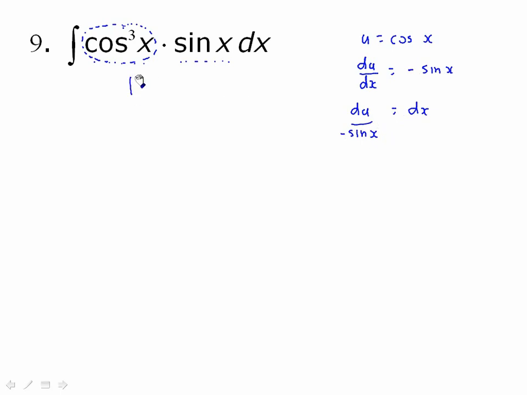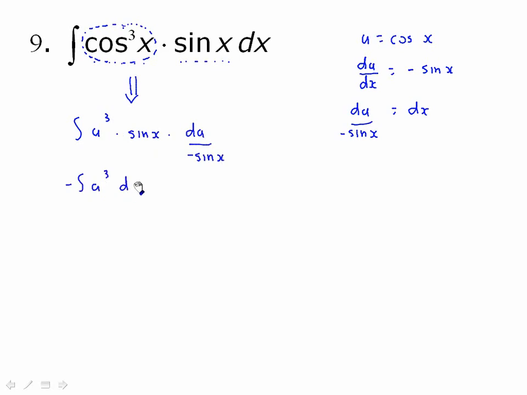So this integral will now be expressed as u to the 3, and then we have sine x, which is unwanted, but the dx gets replaced with du over negative sine x. So problem has been solved. The sine x's are going to divide out, and we actually end up with negative u cubed du.